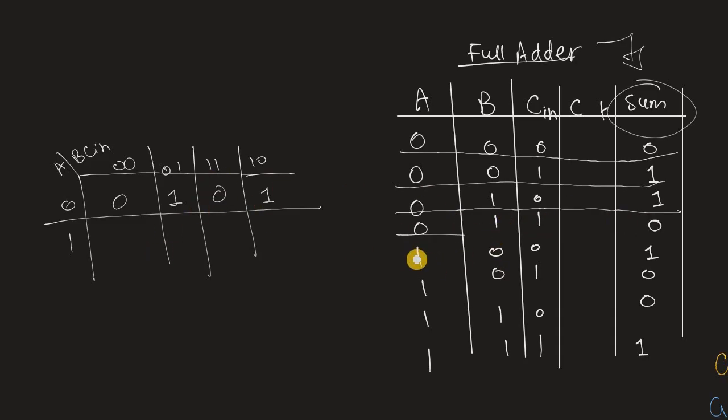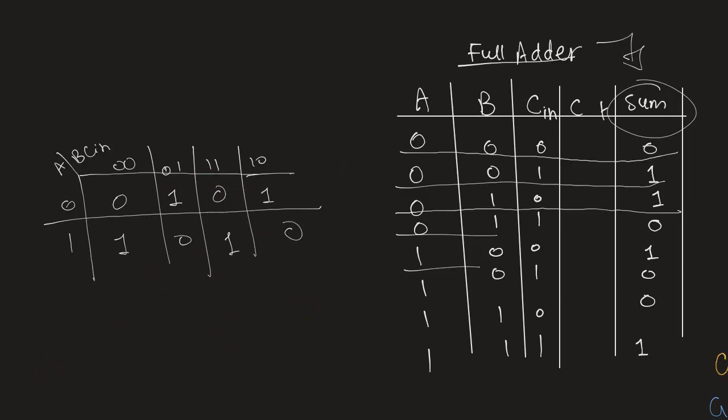Next we have 1 0 0, that's a 1, and 1 0 1, that's a 0, and then we have 1 1 1, that's a 1, and then we have 1 1 0, that's a 0. Okay, so that's how you fill it up.